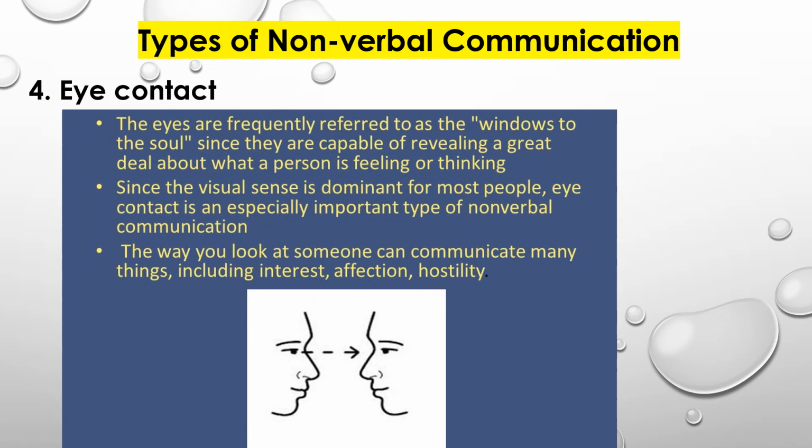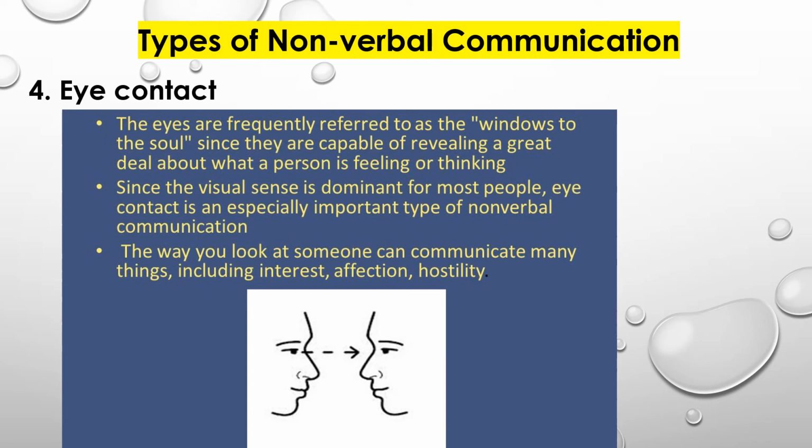All right, so next is eye contact. Since the visual sense is dominant for most people, eye contact is an especially important type of nonverbal communication. This is a form of nonverbal communication that humans use to communicate many forms of their emotions.